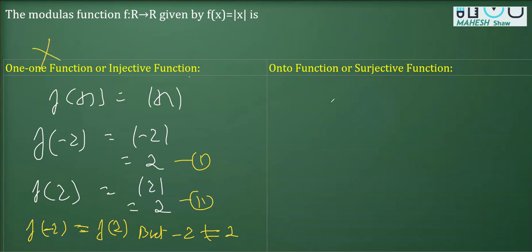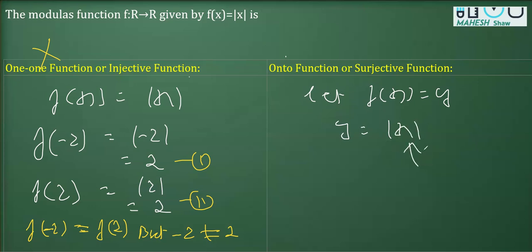Now, in order to check its surjectivity, what we are going to do is consider this function. Let's say f(x) is equal to y. Now I'm going to replace this f(x) with y. So we'll get y is equal to mod x. Now figure it out. Here x being the domain, x belongs to R. If you plug in any real number, whether it's 0, negative, positive, or a fraction, you will always get the result.